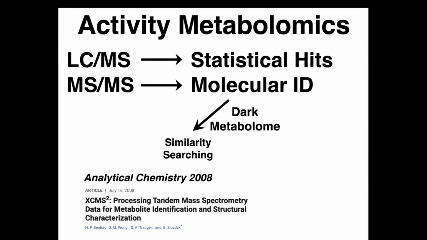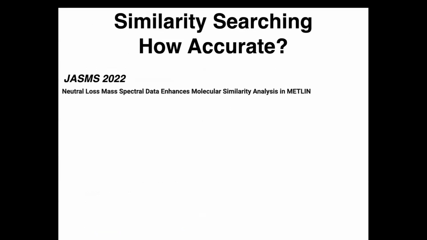This was spearheaded by Paul Benton, who was a part of the staff at that time, and has since gone on to Imperial College and got his PhD there. But it was a really interesting idea on his part, where you could use similarity searching to identify molecules that weren't in the database. So the question is, how accurate is it, and can it be used for identifying what these molecules are?